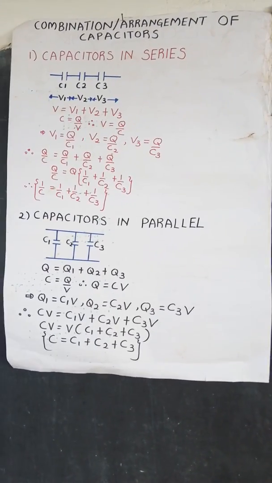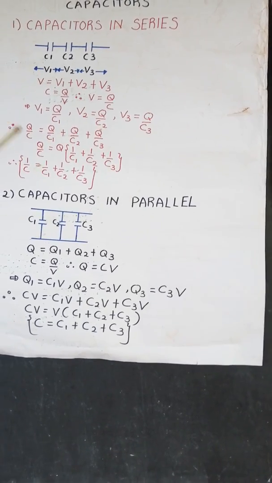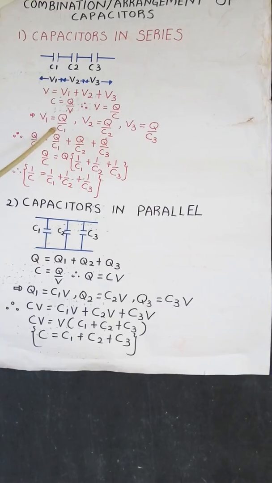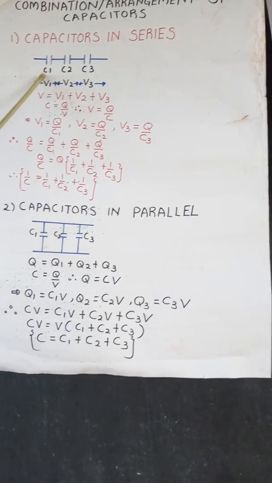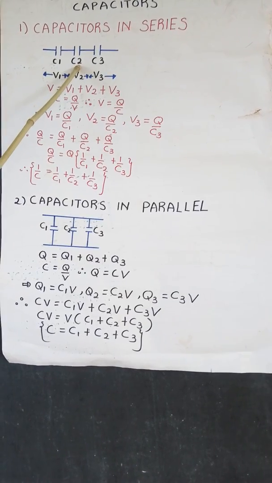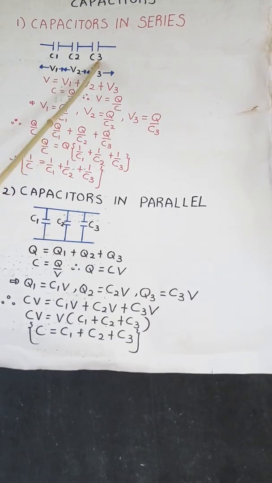As you can see, in series combinations, they are going to store the same charge. So the charge stored in capacitor 1 is the same as the charge stored in capacitor 2, and the same as the charge stored in capacitor 3.